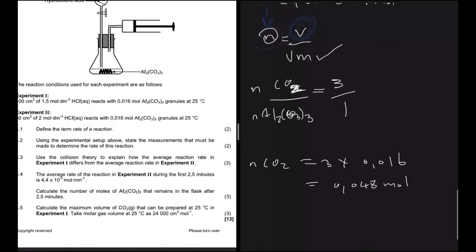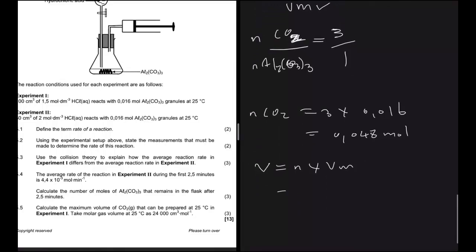Now we can just calculate V, right? So V equals the number of moles multiplied by the molar gas volume, which is given as 24,000. So we're going to have 0.048 multiplied by 24,000 per mole.